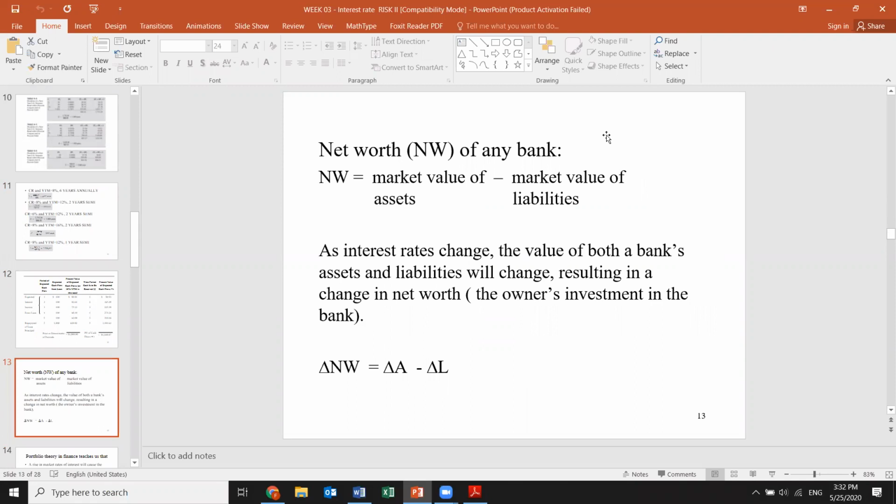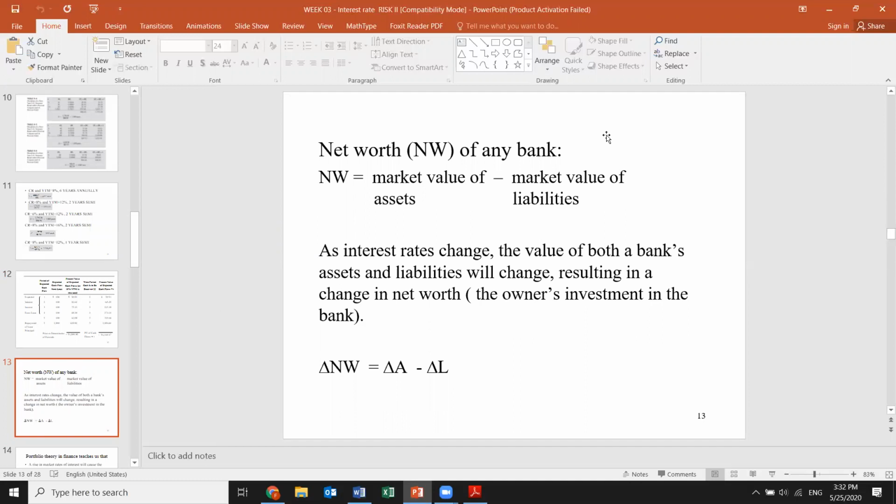Okay, let's talk about the net worth of any bank. The net worth of any bank, simplest to say, is the net equity. How can we find it? It's the market value. Guys, look here, it's very important, okay? We know the net equity is the asset minus liability.